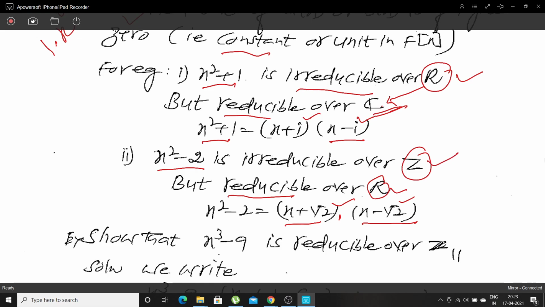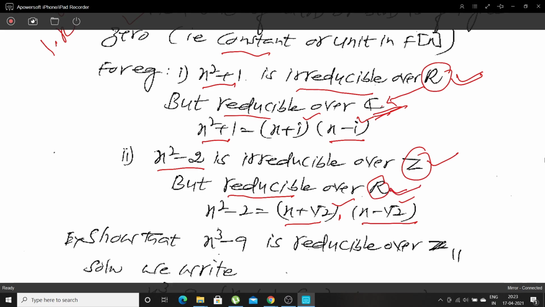Therefore, x square plus 1 is reducible over complex numbers, but it is irreducible over R, the set of real numbers. If I take the second example, that is x square minus 2, it is reducible over real numbers.